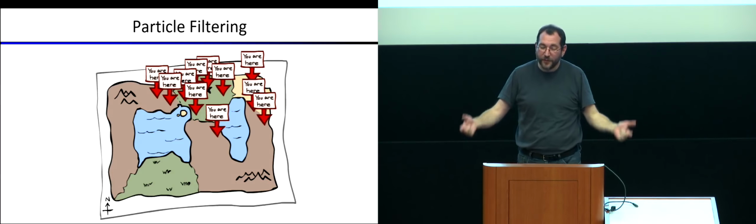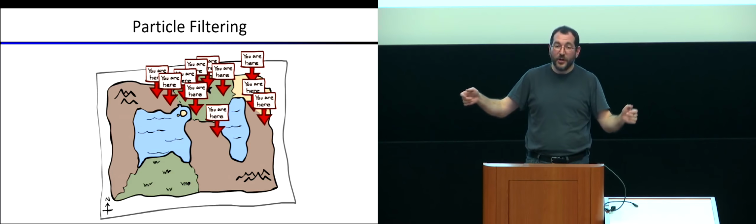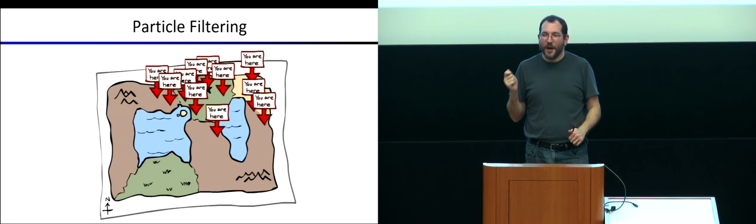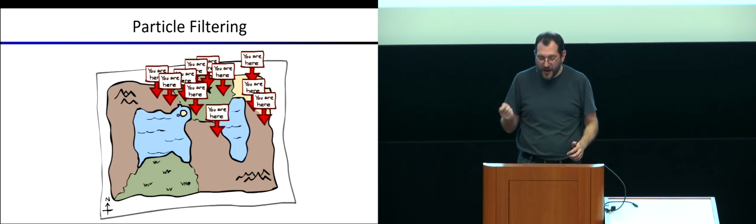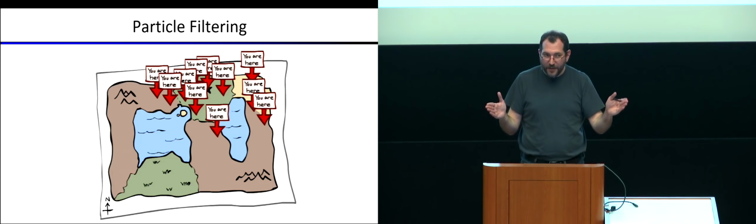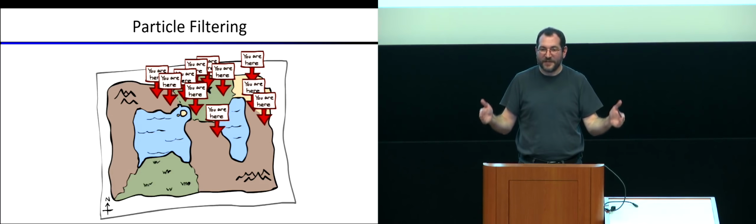In particle filtering, you flip that around. You don't necessarily track the entire distribution. You track particles or samples, which are individual hypotheses of what's going on. You might have two samples of the same hypothesis. Some samples might not have a hypothesis, some hypotheses might not have a sample. And the data structure you manipulate isn't a map from all the different outcomes of X to probabilities, but rather a list of samples.